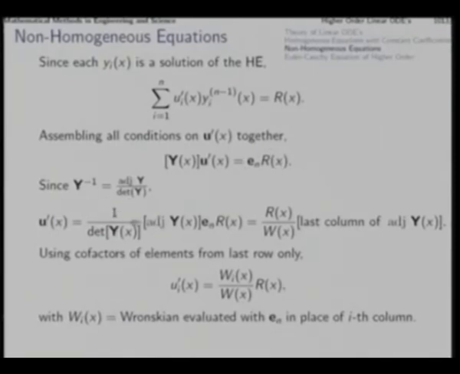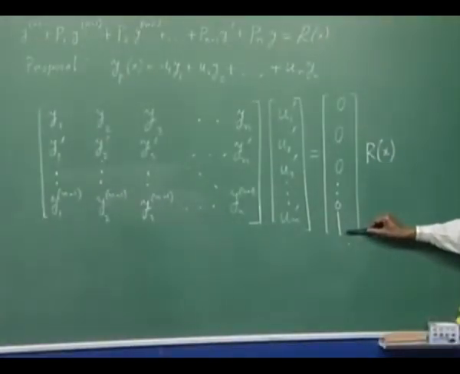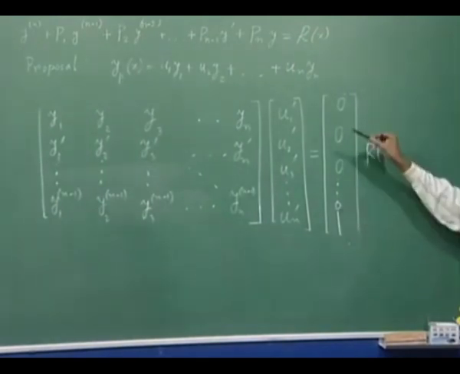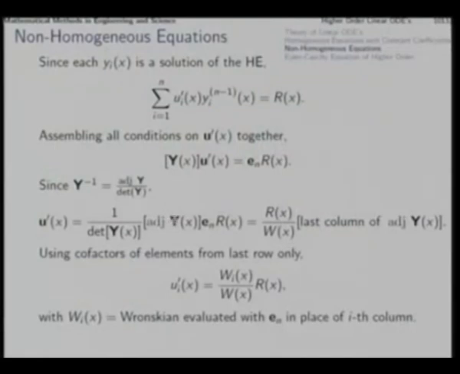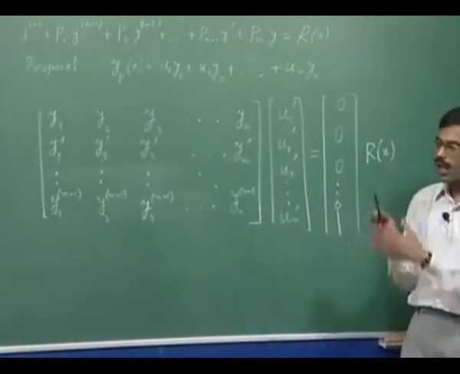Note that this adjoint matrix will be multiplied with a vector which has all its entries 0 except the last one. So, from the adjoint only the last column is needed, that is, adjoint y into En will essentially mean the last column of adjoint y. So, when we construct the adjoint, we do not construct the entire adjoint of this matrix, but only the last column of it.